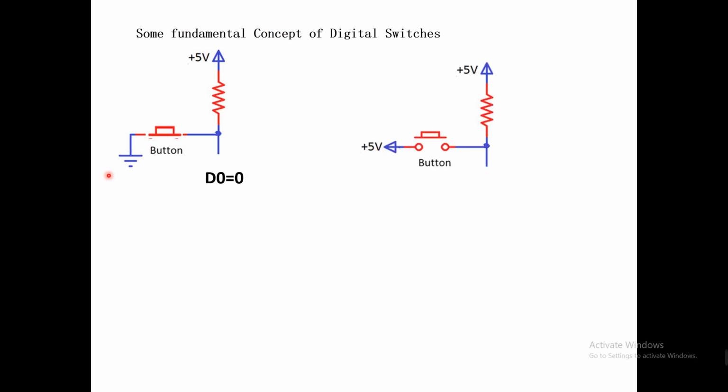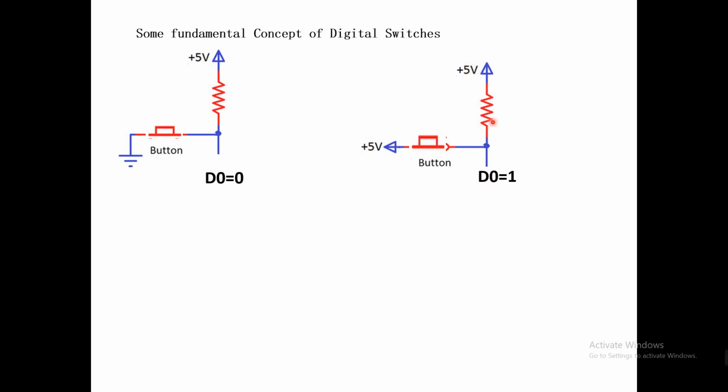Let's take another example. This is also a simple example. Suppose you want to know the voltage at this terminal when the switch is open. The voltage at this terminal will be 1, because this is directly connected with the 1. What happens if we turn on the switch? If the key is pressed, the plus 5 volt is also connected to this point.